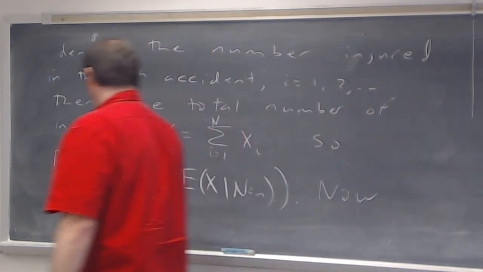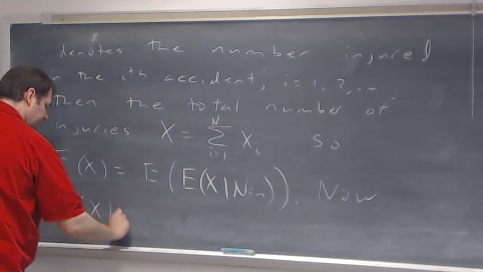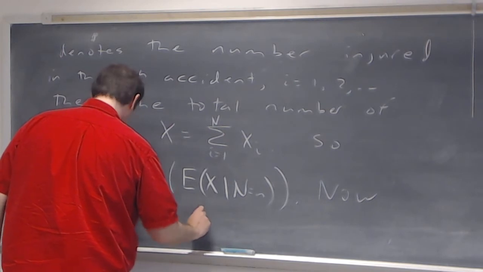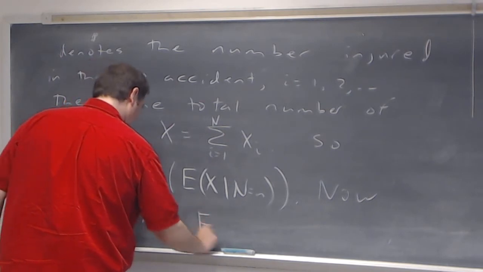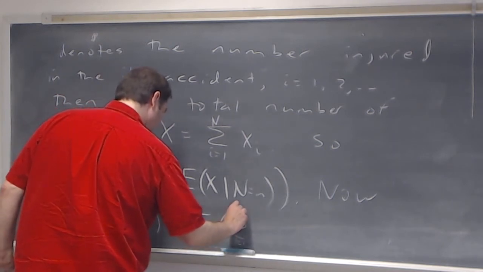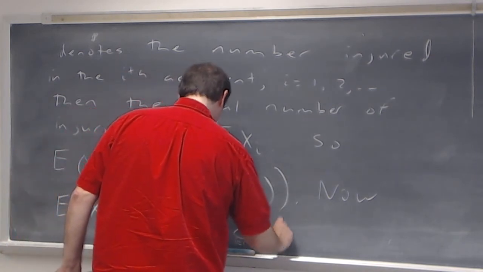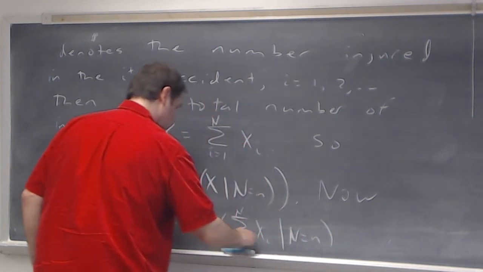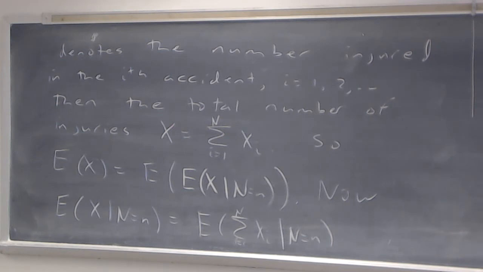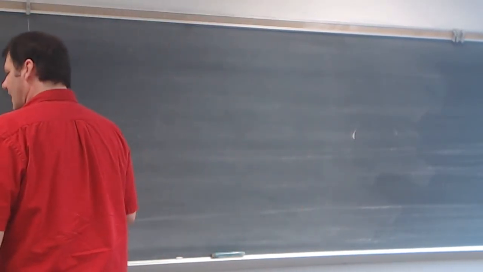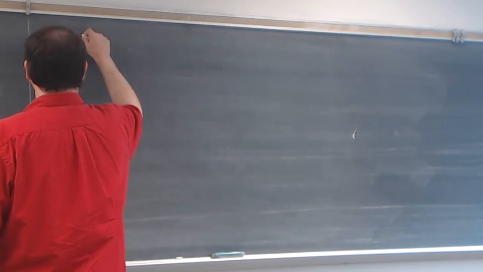Now, the conditional expectation of X given N equal to little n is the expected value of the sum as I runs from 1 to big N of X sub I, given big N equals little n. Now, for that conditional expectation, we've got big N random variables floating around, and they're going to be discrete.